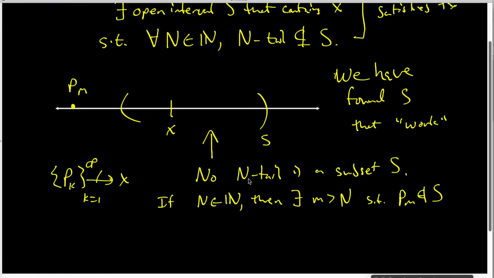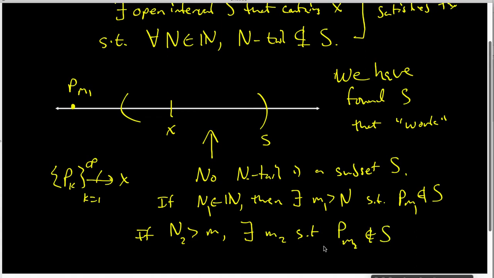I'm going to call this my first one, M1. Now if I look at a capital N2 that's bigger than M1, I still have to have an M2, so there's going to be a P_M2 that is also outside of S. And I can keep doing this.